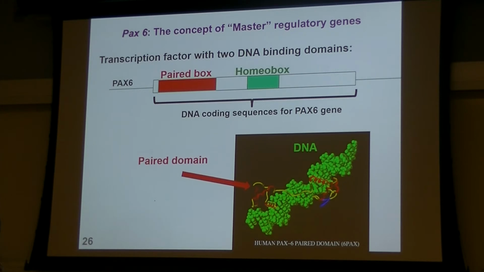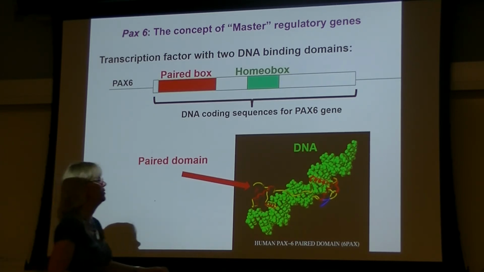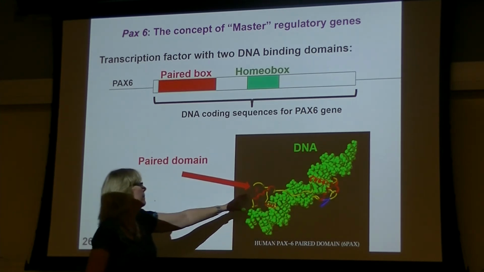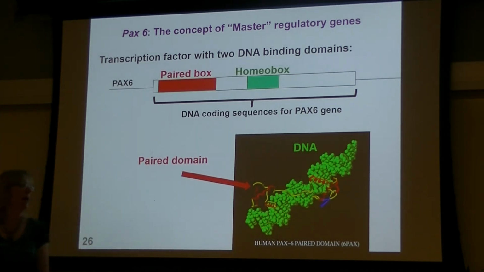Okay. So what is this thing? It folds up, and it is a transcription factor. The homeobox region may be the portion where it interacts with some targets on DNA, and the paired box region could be involved also in DNA recognition and or binding to other protein partners.